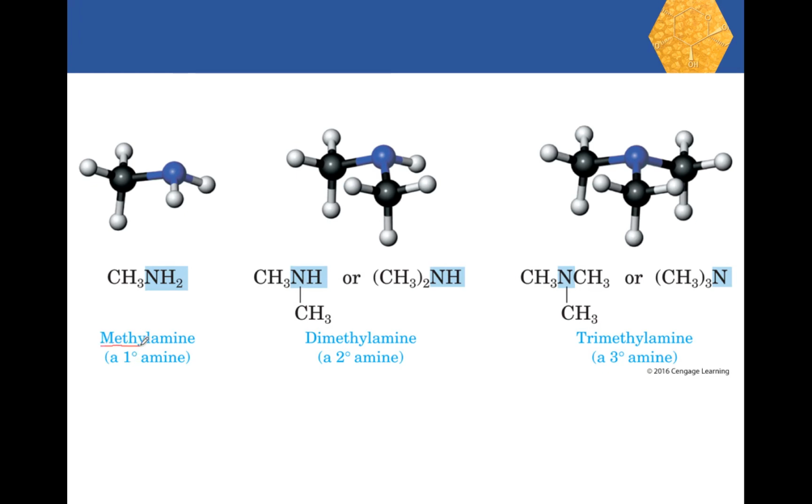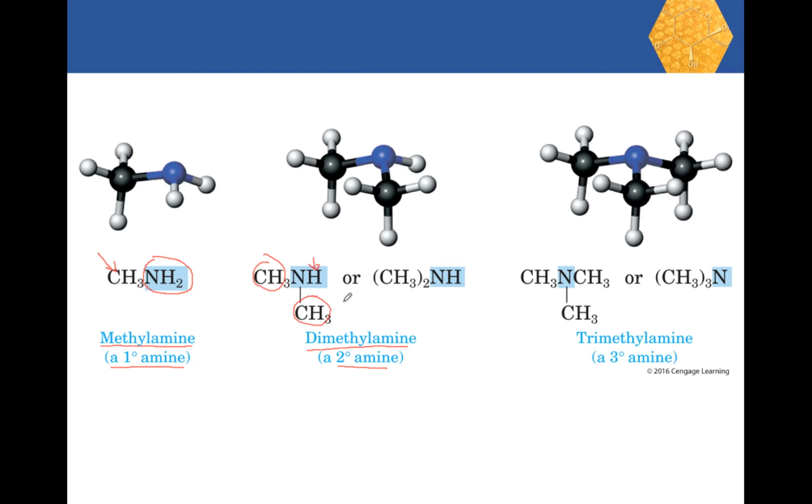This is methylamine. It's classified as a primary amine. Why? Because here we have NH2 and it's bonded to 1 alkyl group. Dimethylamine is a secondary amine because it has 1 hydrogen and 2 methyl groups.